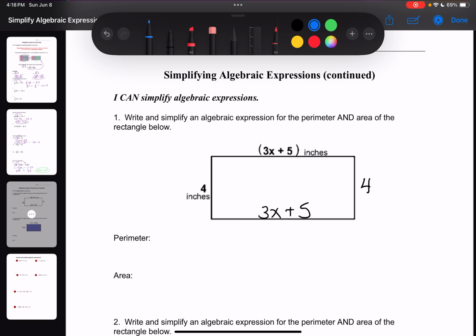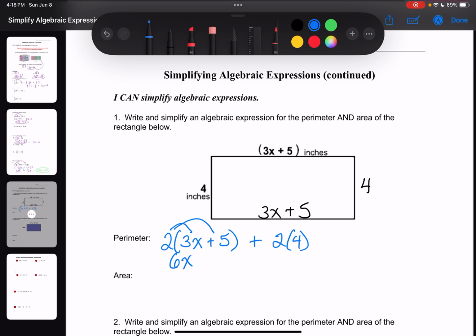When we find the perimeter, we add all 4 of those sides. We can also simplify that by multiplying the base times 2 and the height times 2, and then adding the 2 together. That way we can also use the distributive property for the perimeter as well as the area.